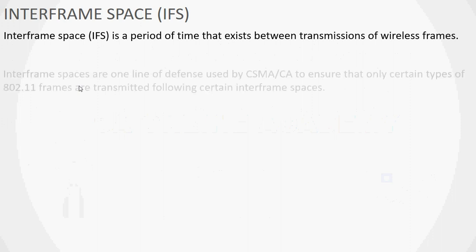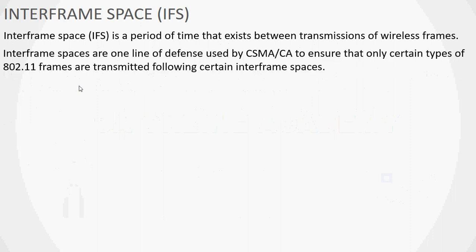First is interframe space. Interframe space is a period of time that exists between transmissions of wireless frames. If I transmit one frame, then before sending another frame I have to wait for some time. That space between the frames is known as interframe space.